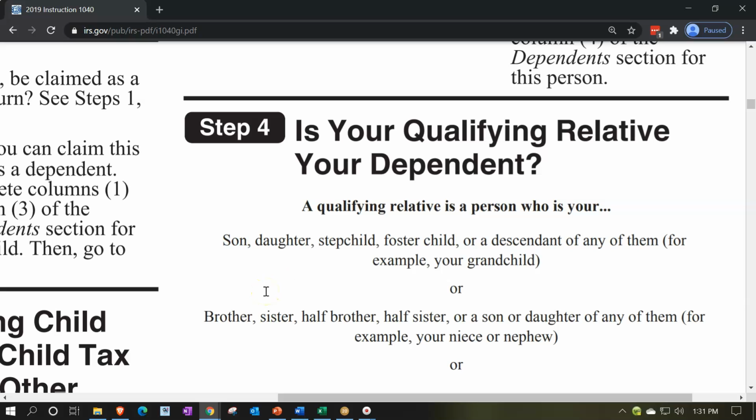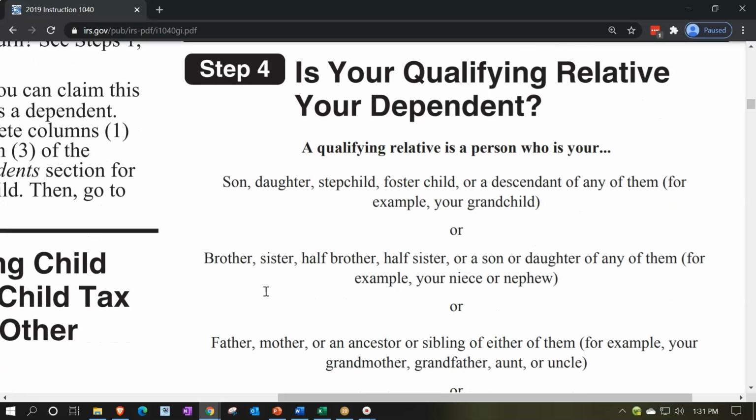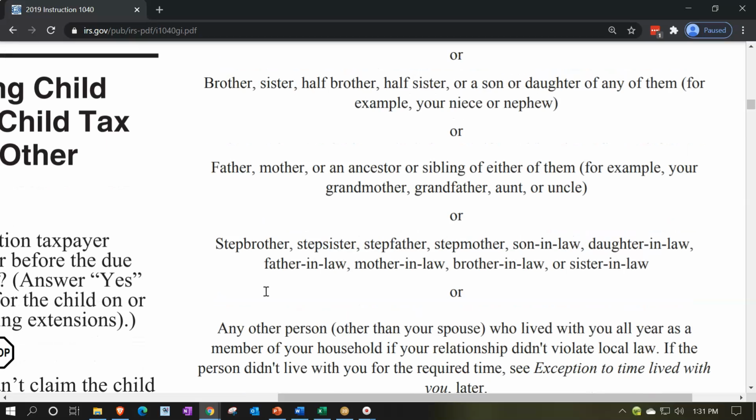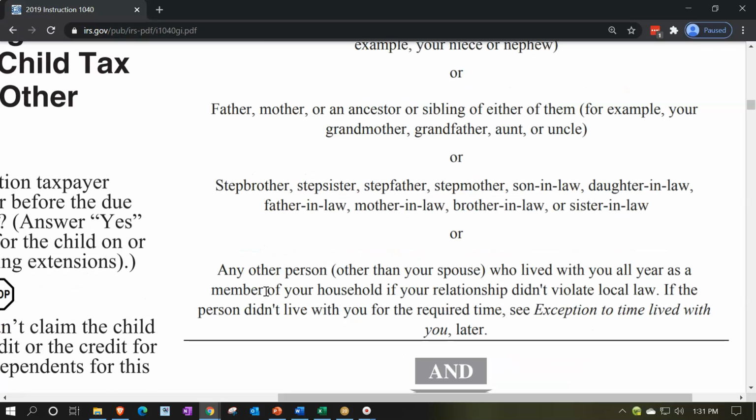So once again: son, daughter, stepchild, foster child, or descendant of any of them, for example your grandchild; or brother, sister, half-brother, half-sister, or son or daughter of any of them, for example your niece or nephew; or father, mother, or ancestor or sibling of either of them, for example your grandmother, grandfather, aunt, or uncle; or stepbrother, stepsister, stepfather, stepmother, son-in-law, daughter-in-law, father-in-law, mother-in-law, brother-in-law, or sister-in-law; or any other person other than your spouse who lived with you all year as a member of your household if your relationship didn't violate local law.